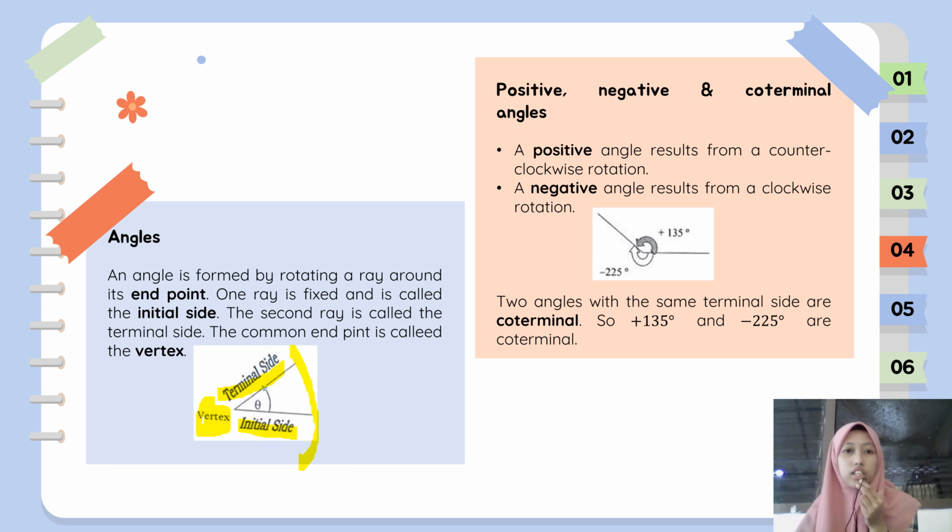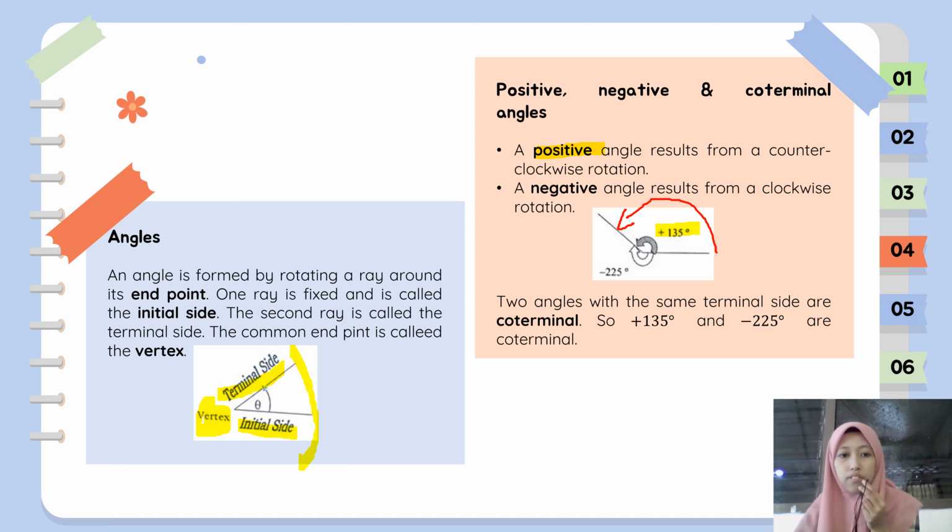So the next is positive, negative, and coterminal angles. A positive angle results from a counterclockwise rotation. This is positive, from this to the left.